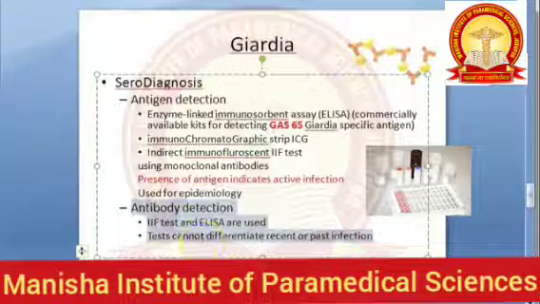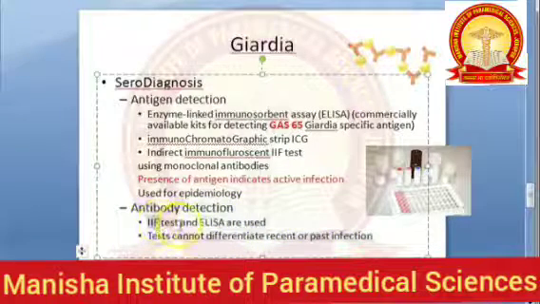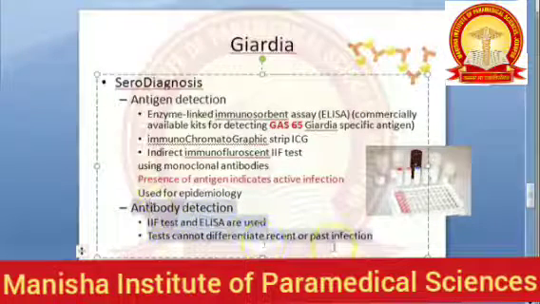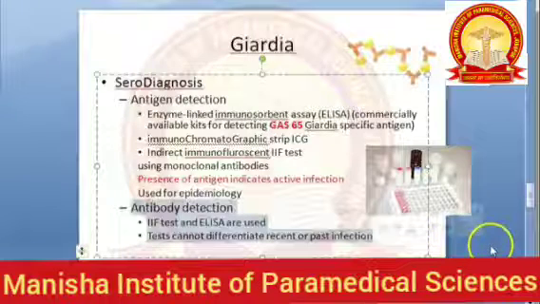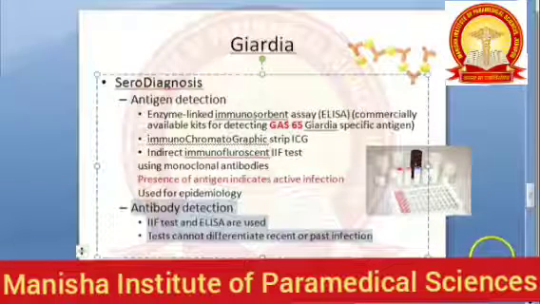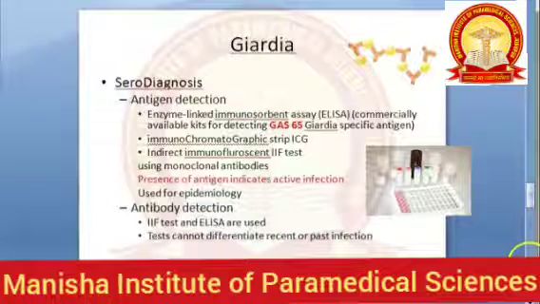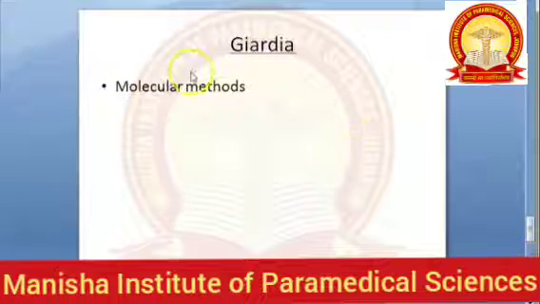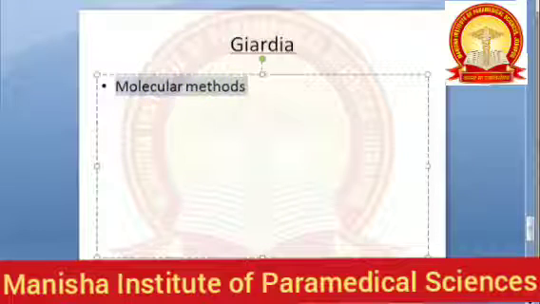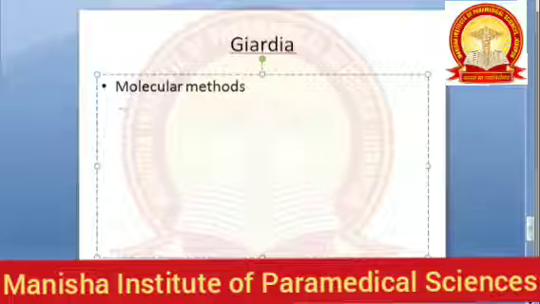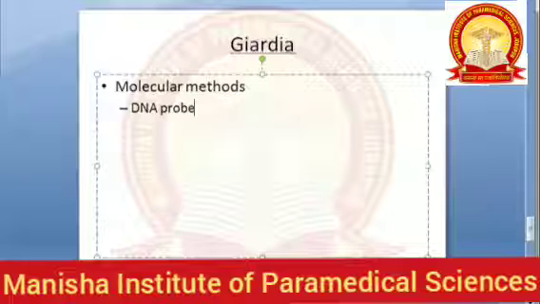For antibody detection, you can use the same things, indirect immunofluorescence, ELISA, standard things. In this case, you cannot differentiate whether it is a recent infection or past infection. Moving on in lab diagnosis itself, you have molecular methods, PCR, DNA probe, etc. These are going to be highly specific because they are going to the DNA level.